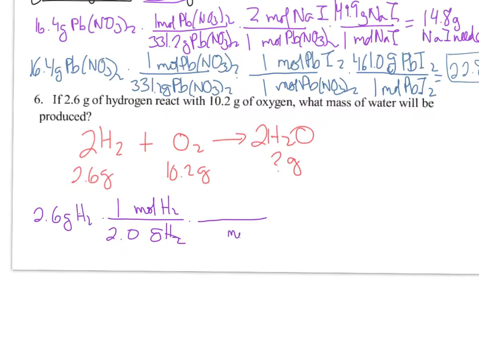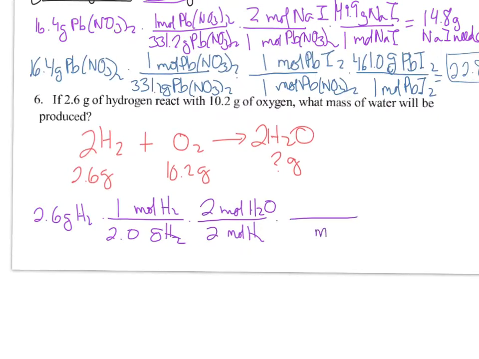Then we're going to go from moles of H2 to moles of the substance we want. Remember, this time we're starting with each of your reactants solving for the product. So we're going to start with H2, solve for H2O. The molar ratio is 2 to 2.